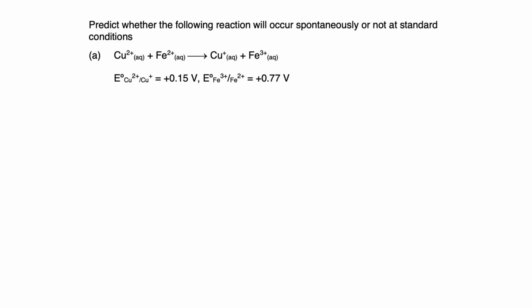First thing, you have to identify which one is anode and which one is cathode. Take note that this time you cannot look at the SRP because you are already given a reaction.